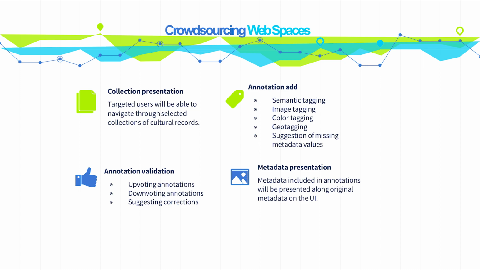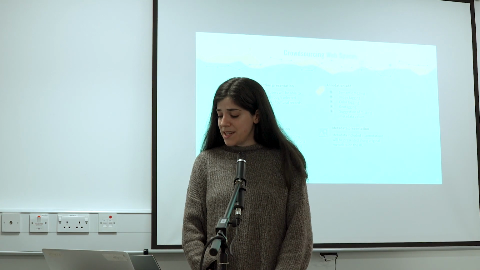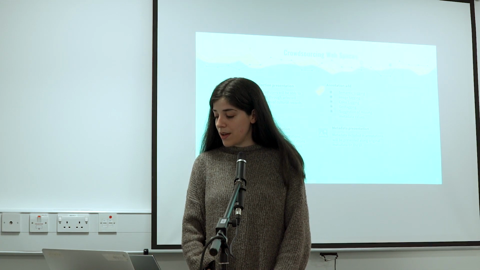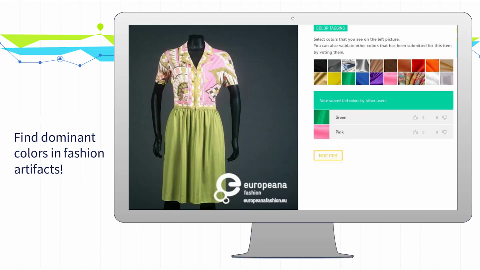They are also able to validate existing annotations or metadata entries by upvoting or downvoting the annotations and suggesting corrections. Metadata included in the annotations will be presented among the original metadata on the user interface as well.